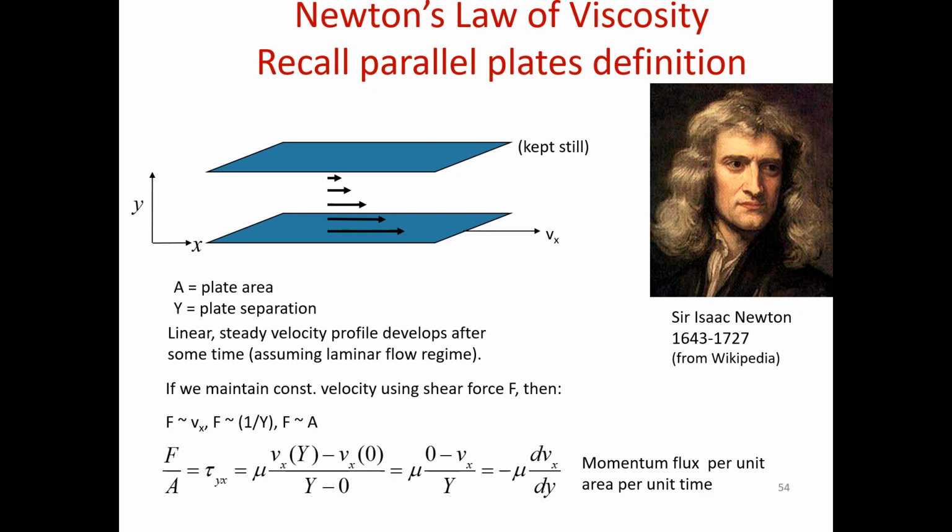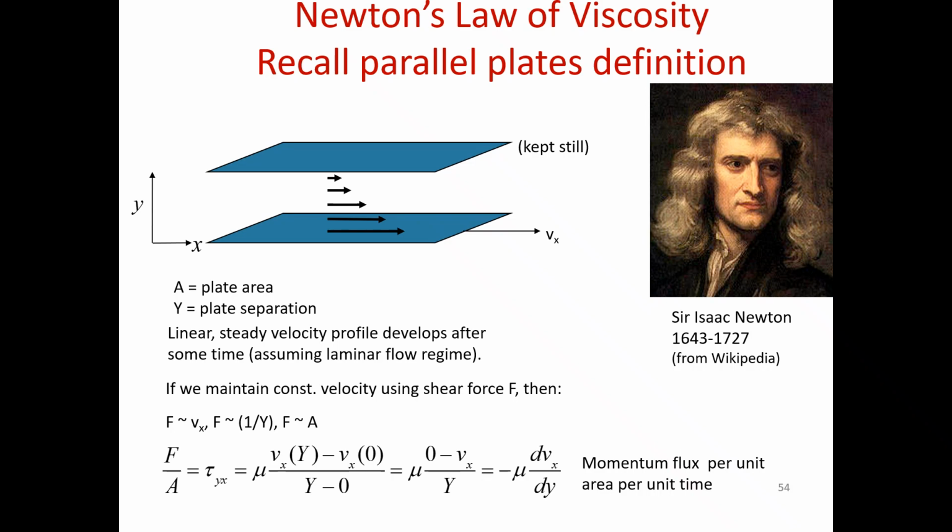This stress per area is a shear stress. It's in x direction across y plane. So this tau yx is proportional to dvx/dy. And minus dvx/dy is what we refer to as shear strain rate, gamma dot. And there's a coefficient of proportionality mu that is equal to viscosity.